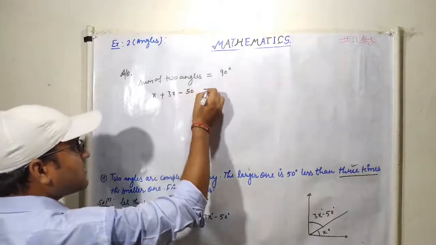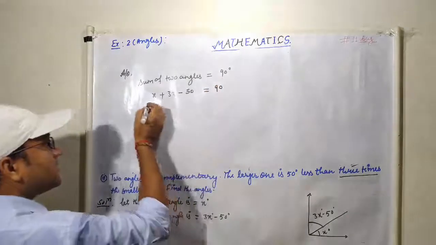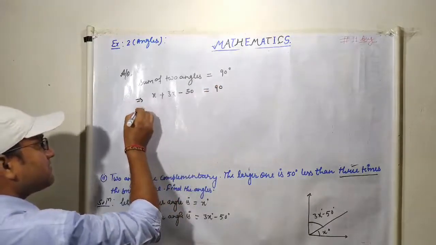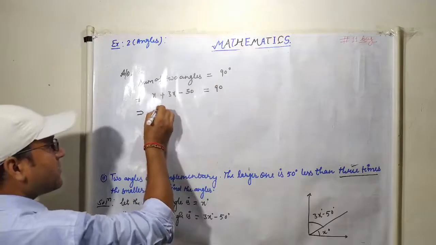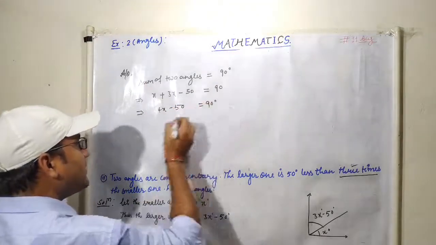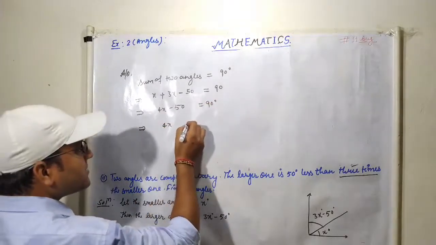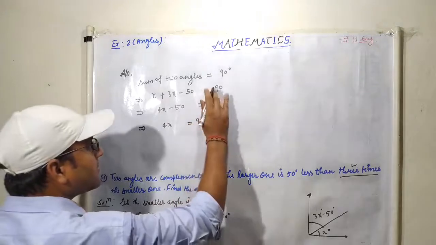First we solve this and then what we get is in degree. Equals 90. So solve this one, students. 3x plus x, 4x minus 50 is equal to 90 degree. Transpose this 50 to the right side. Minus 50 changes into plus 50.